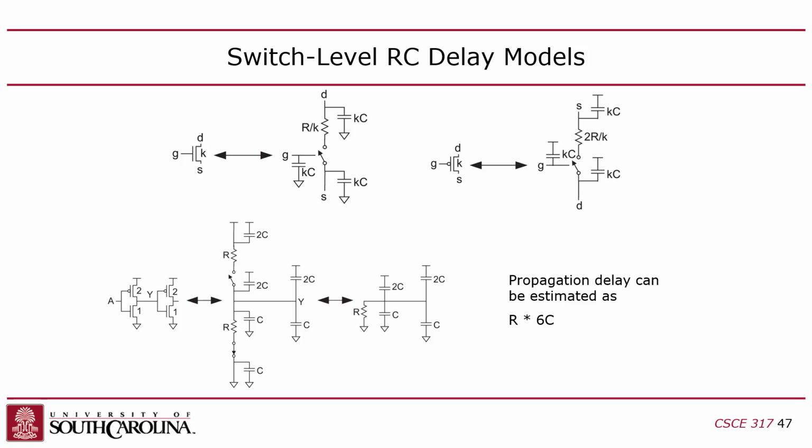Now, it's kind of weird because you might say, well, wait a second. Some of these capacitors are connected to VDD and some are connected to ground. Why do you just lump them all into one? Well, because remember that I'm trying to discharge these capacitors, right? Well, I'm trying to charge the other two capacitors, right?